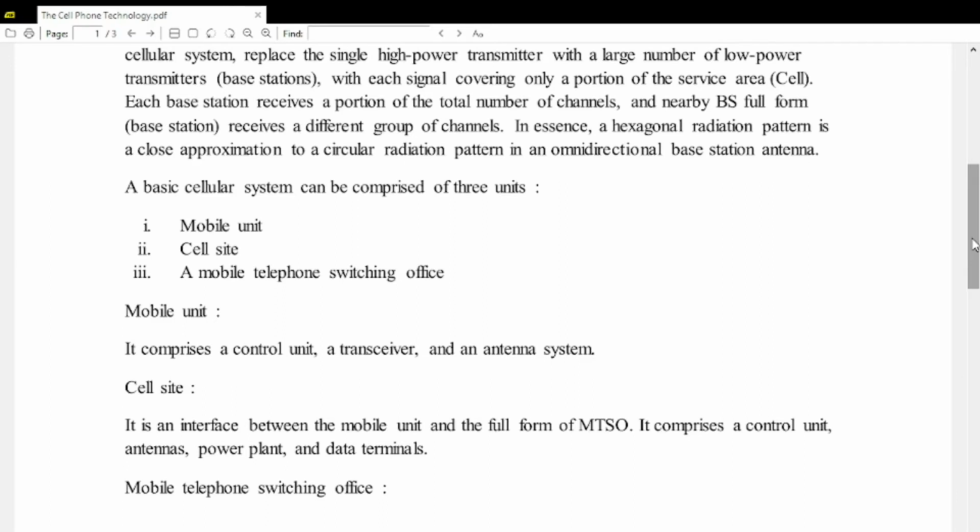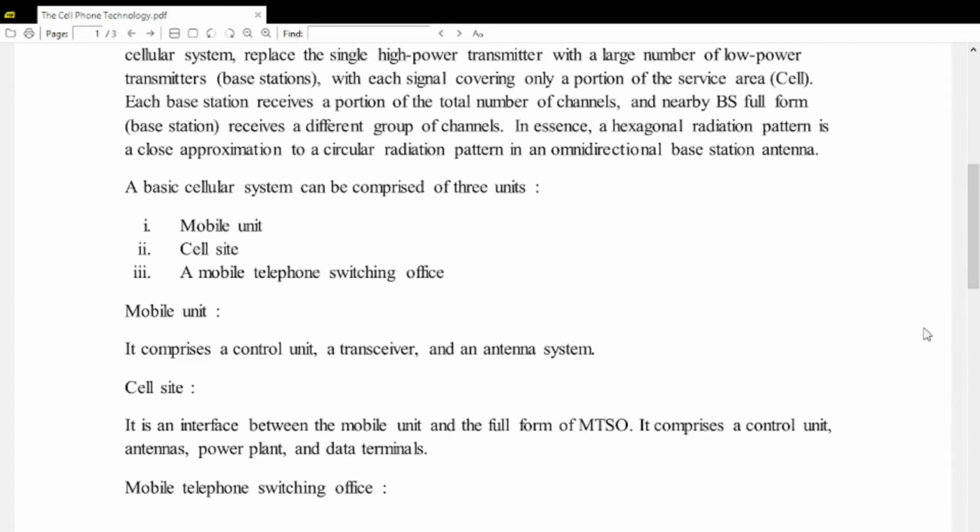So this was the main man in between these two. It would facilitate the communication between the mobile unit and the mobile telephone switching office.